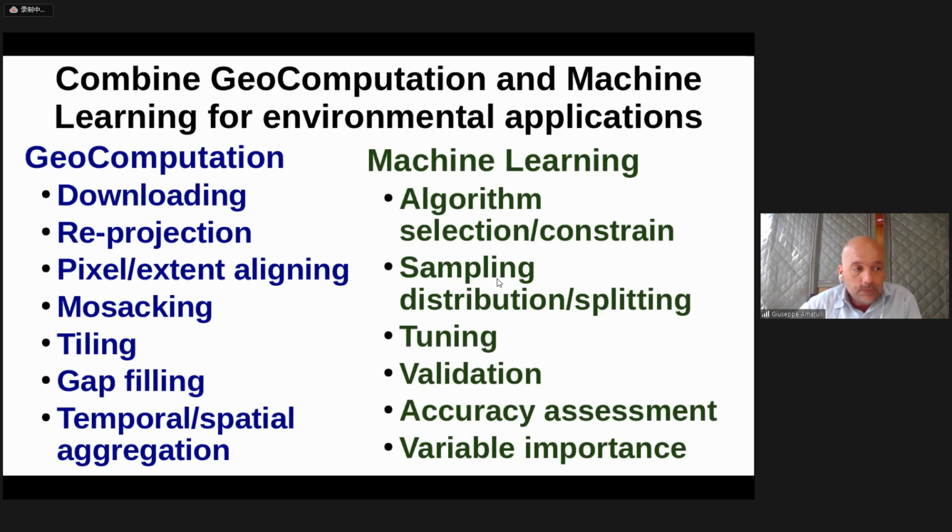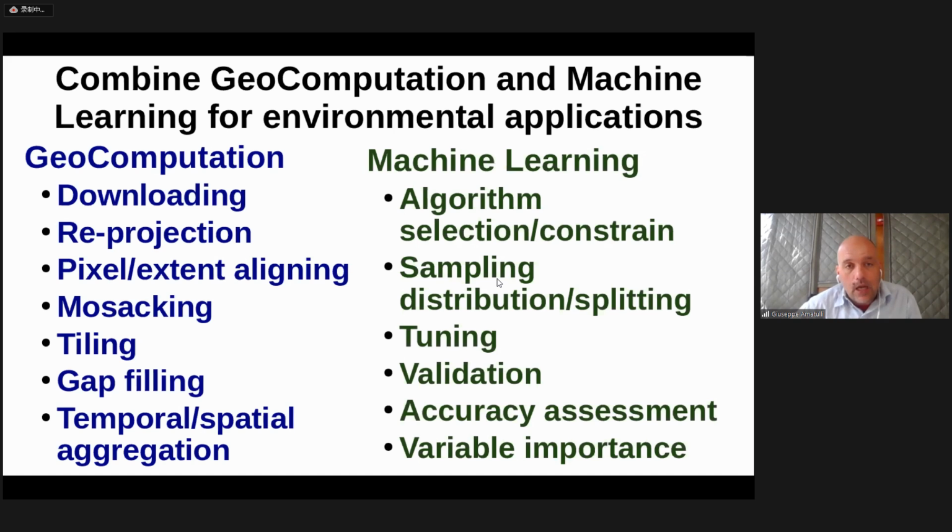These steps are extremely time consuming because you need to master all the different software dealing with geocomputation. And you need to be really picky, especially with pixel and extent alignment, in order not to have issues later in the final data population. Here you go into data standardization, squeezing and summarizing, so your data go from very big to smaller, in order to later ingest them into the machine learning algorithm.